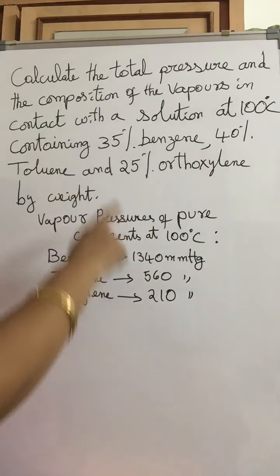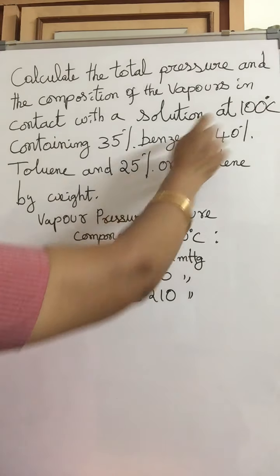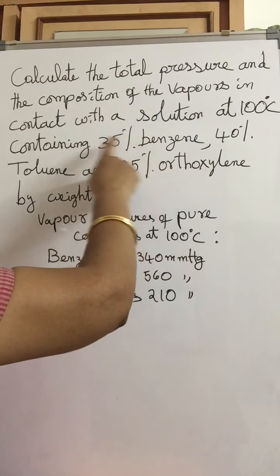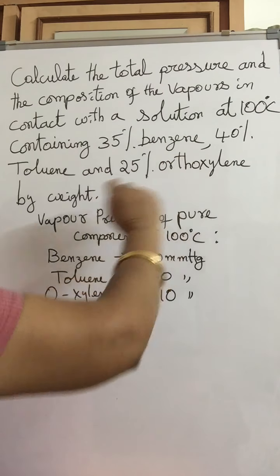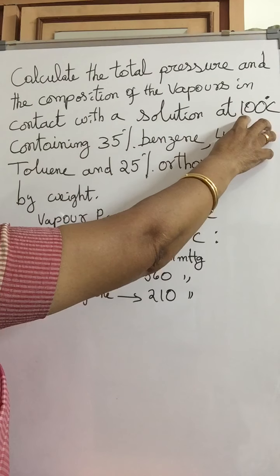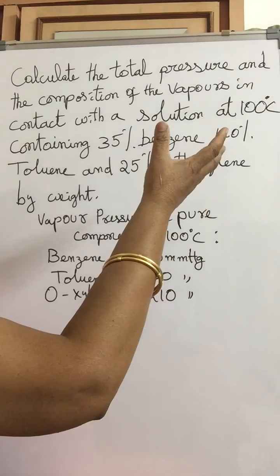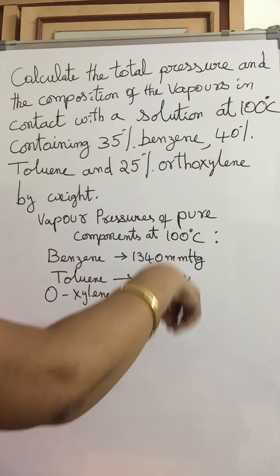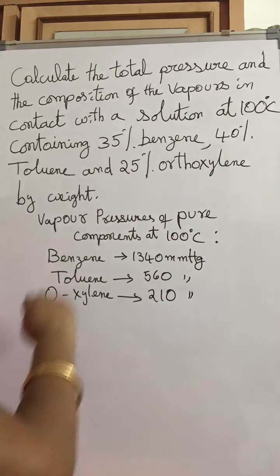That means here there is a solution at 100 degrees centigrade, and this solution contains three components: benzene, toluene and oxylene. Depending on this temperature, it will form its vapor. That vapor will exert pressure. So what is the total pressure exerted by that vapor, and also the composition of the vapor phase?